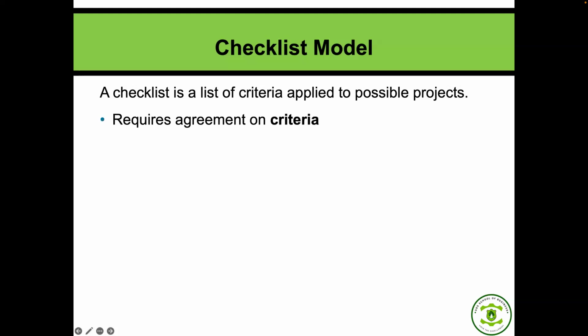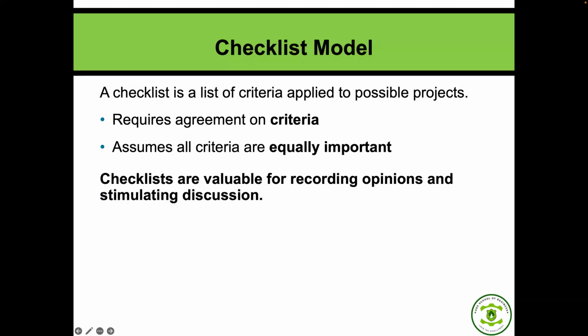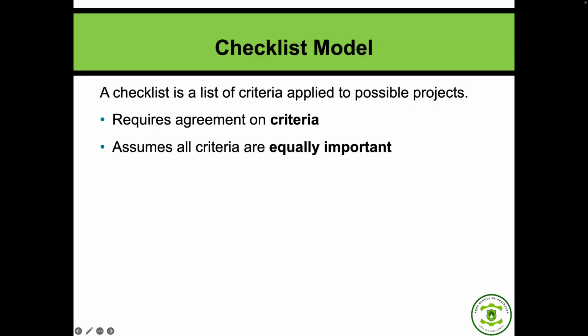All stakeholders must agree to that. And the assumption is also that all the different criteria we agree on are important. So we cannot say that technical feasibility is more important than financial feasibility. All of them will be considered as important. One other critical thing is that it must be measurable.